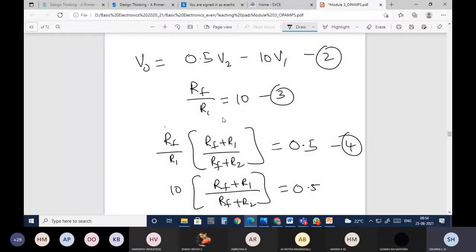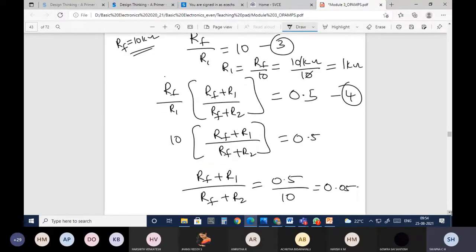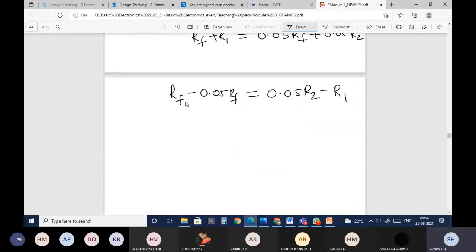Here you have got RF by R1 is equal to 10. So R1 is equal to RF by 10. Let me assume RF is equal to some 10 kilo ohms. You can assume any value. So 10 kilo ohms divided by 10 will be equal to 1 kilo ohm. R1 is 1 kilo ohm. And RF I have already assumed.